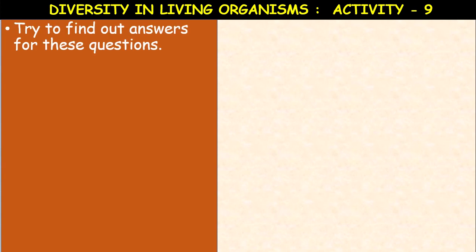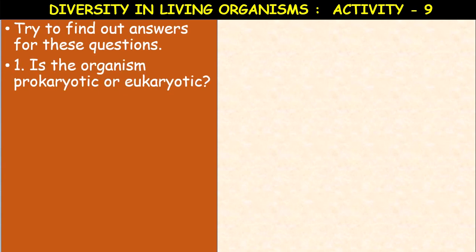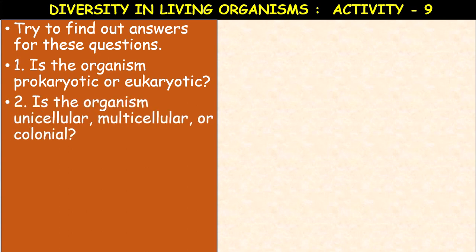So here try to find out the answers for these questions. First question, is the organism prokaryote or eukaryote? If it is unicellular and primitive, it is prokaryote without a true nucleus. Eukaryote means with a well developed nucleus, with nuclear membrane.